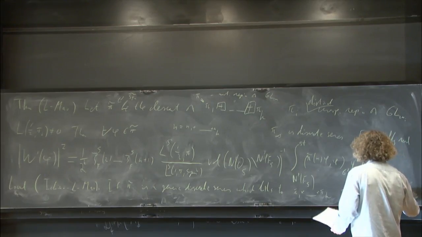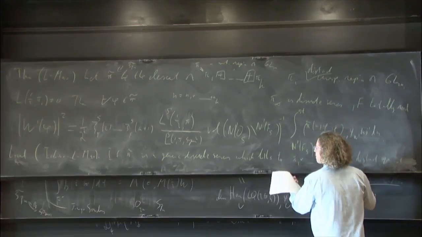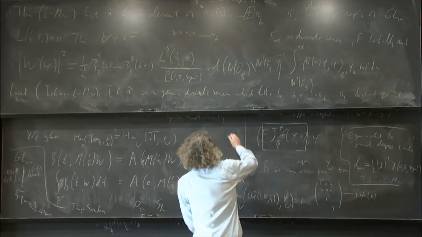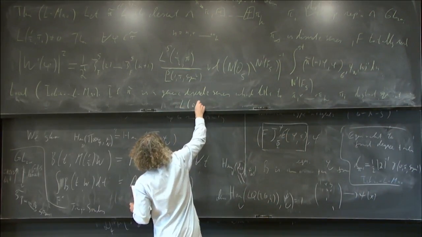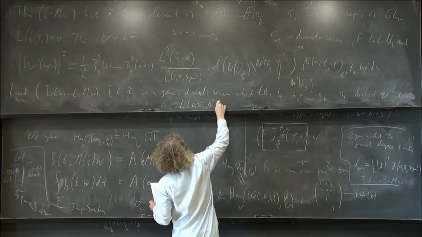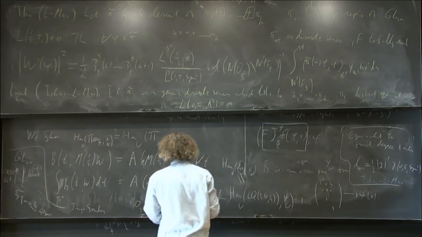Co-integrable. And so locally the condition is that L(s, pi i, exterior square) has a pole. There's no L-half condition here.